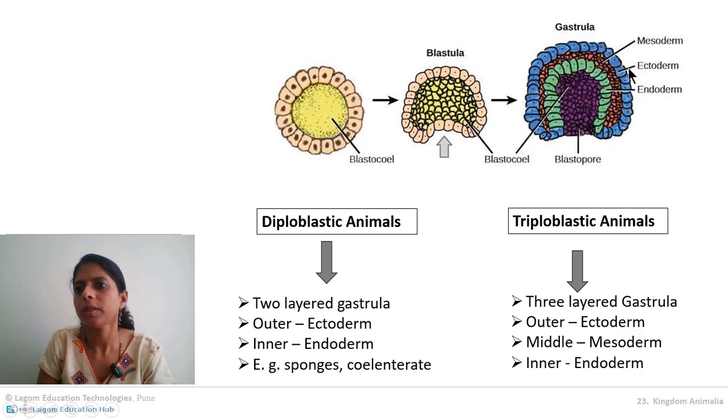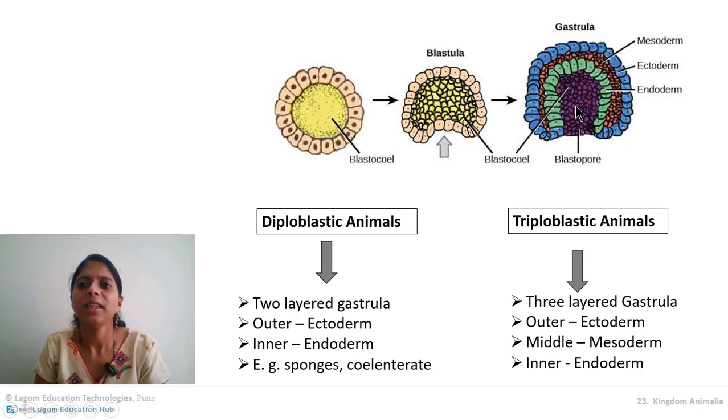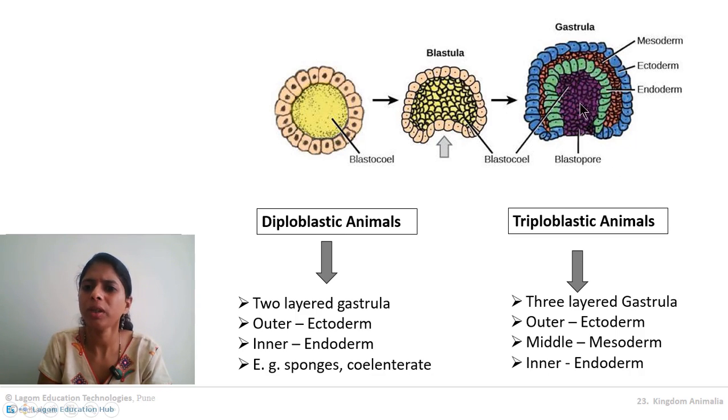Here mesoderm is formed, here ectoderm is formed, here endoderm is formed, and inside there is some kind of fluid present which is called blastopore. You are not dealing with it. So diploblastic animals are two-layered animals, with outer ectoderm and inner endoderm, for example sponges and coelenterates. And triploblastic animals are three-layered animals. The outer layer is ectoderm, the middle layer is mesoderm, and the inner layer is endoderm.